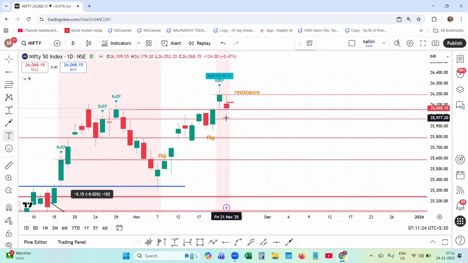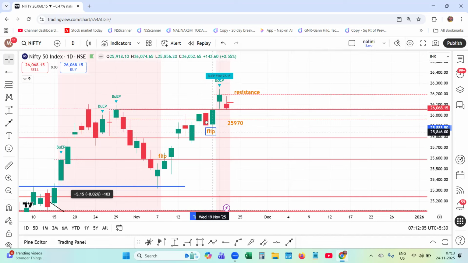If I place the cursor, no, 970. 970 is the major break or make, because it has broken down and it has reclaimed. So this is the major flip level. 25,970 is the major flip level.